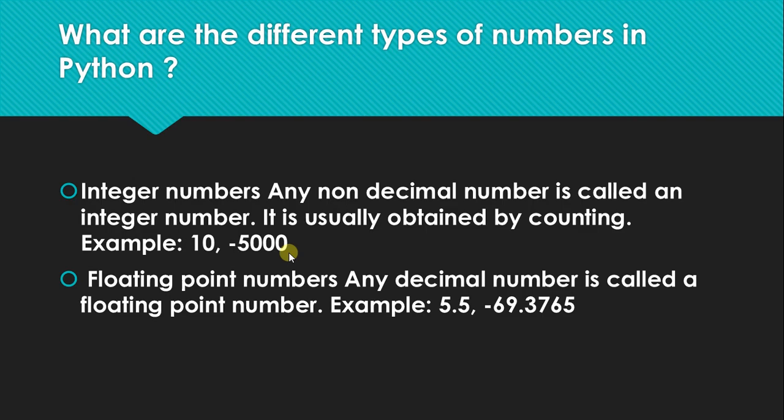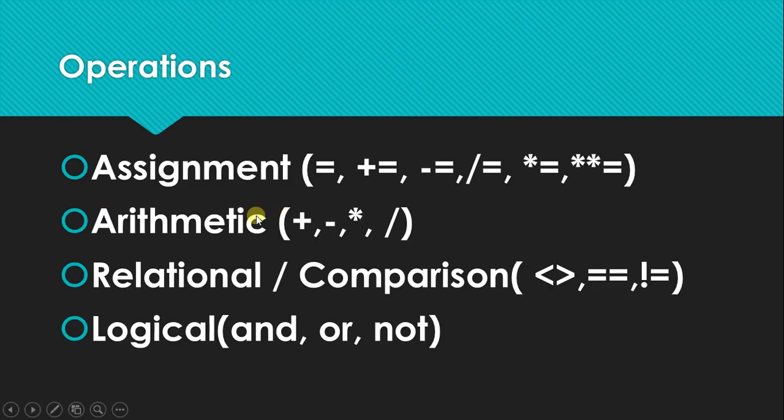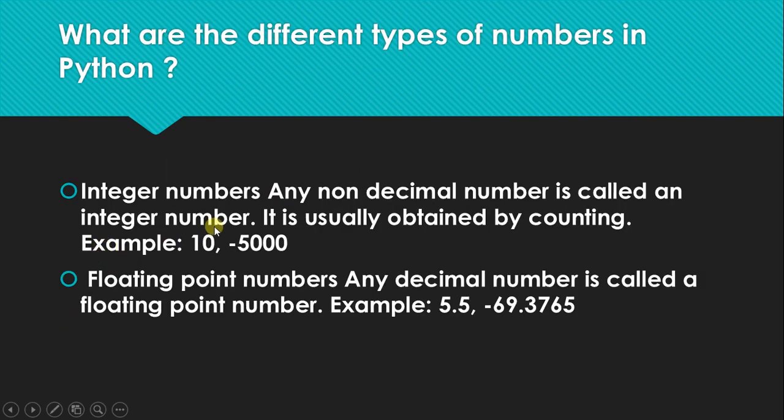We have two main types of numbers in Python. Other languages might have more, but in Python we categorize them into two. We have the integers, and an integer is simply any non-decimal number, that is to say, a number that does not have a decimal attached to it.